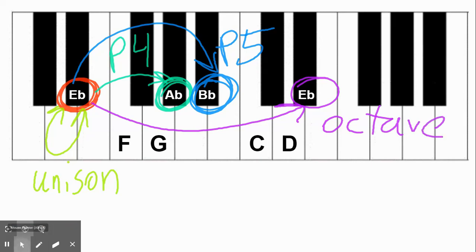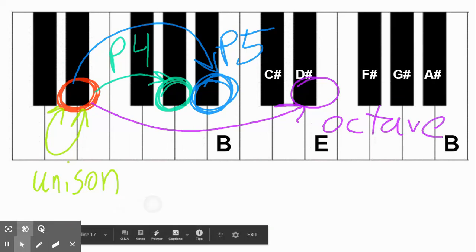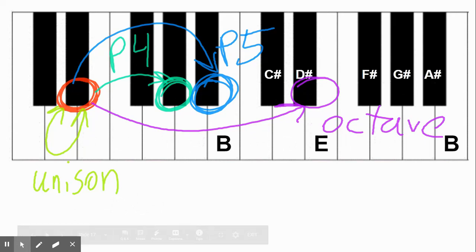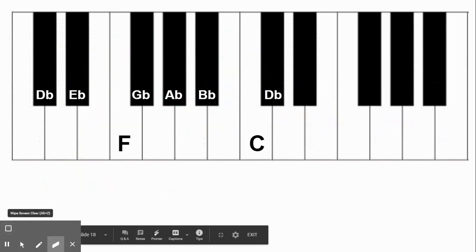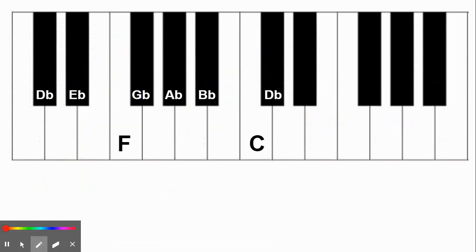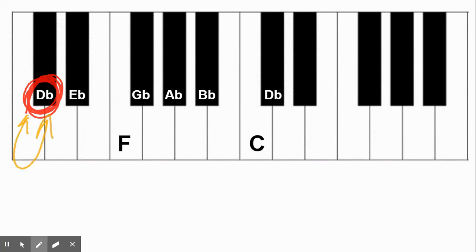Let me jump ahead to a scale with a lot of flats in it. In fact, I think I'm going to do D flat. If D flat is my root, then of course we already know that if we play a D flat and another D flat, we have a unison.